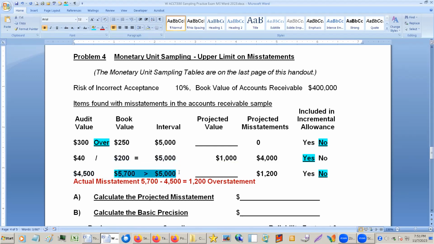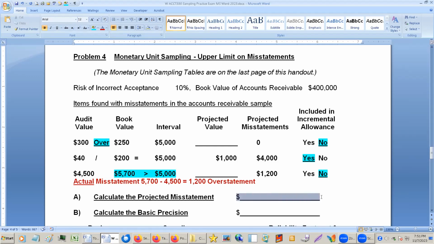This one, there can't be anything else in there. Not only have we taken all of them in the 5,000 interval, we've taken 700 extra ones. So we just go to the actual overstatement, 1,200. It does not go in the incremental allowance. We'll talk about that later.